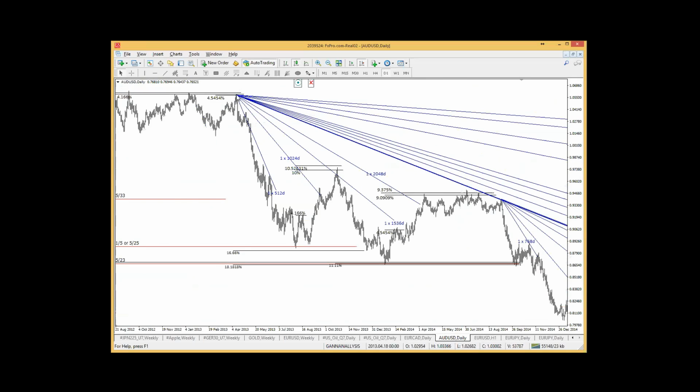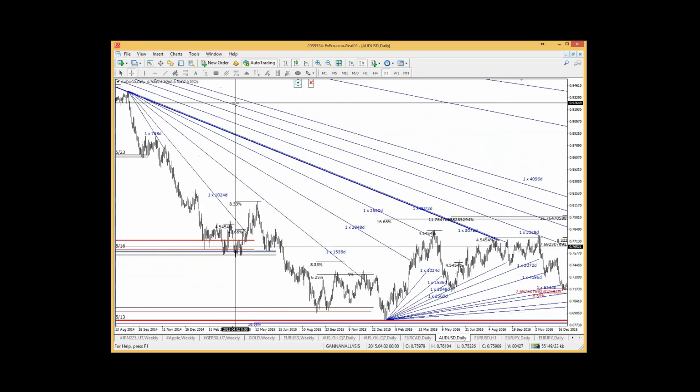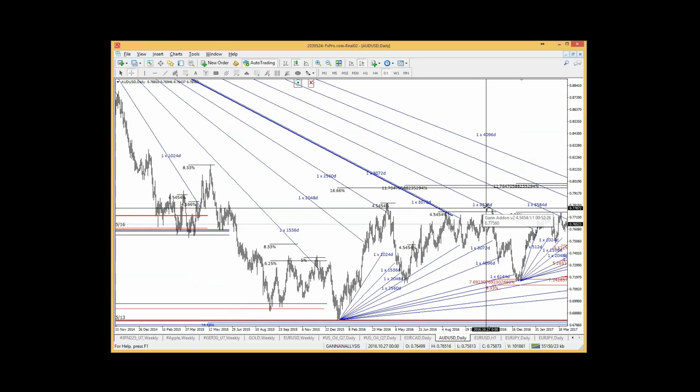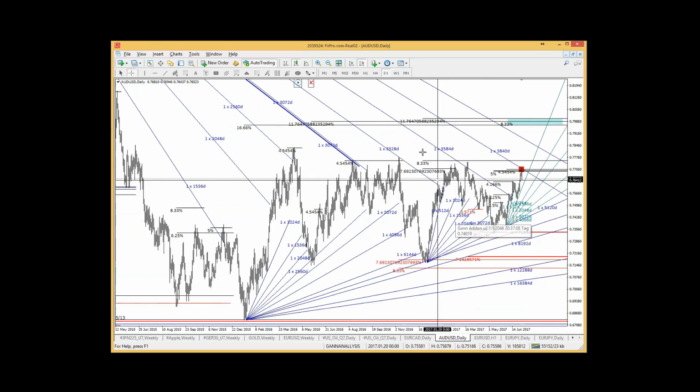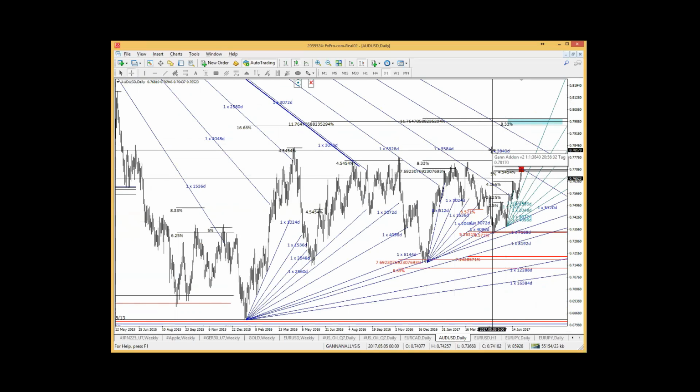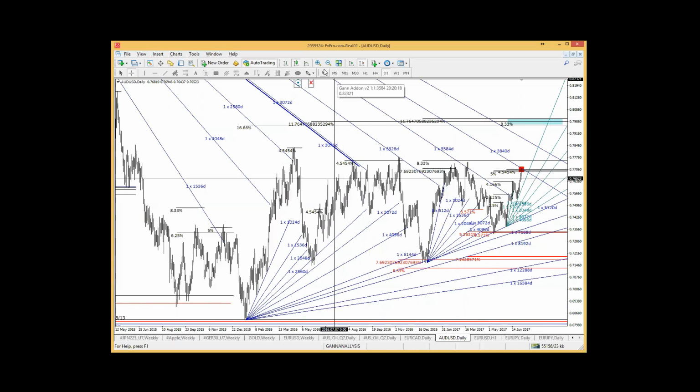Moving forward with angles from the April 2013 high, we can see that halfway angle 3328 gave you the high here. Then another halfway angle, 3584, gave you the high here. And the next halfway angle is 3840, which we are testing right now.